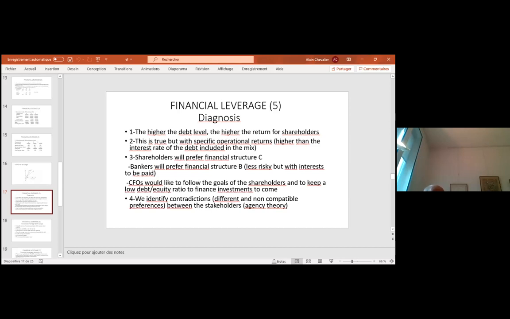How to solve this contradiction between the main players, the main stakeholders of the firm, how to find the equilibrium point, how to calculate a final decision, a final mix, which is a compromise, which can be accepted by all the stakeholders.